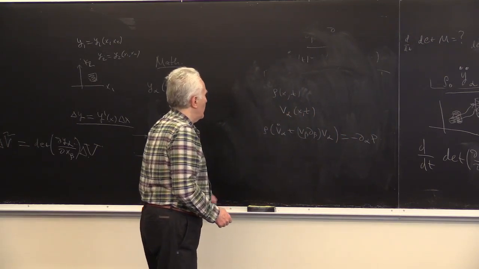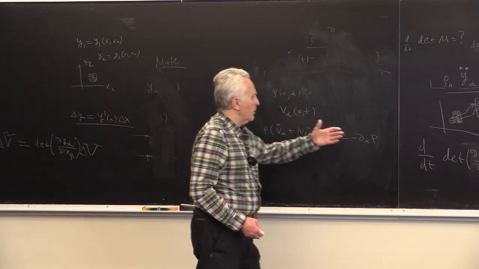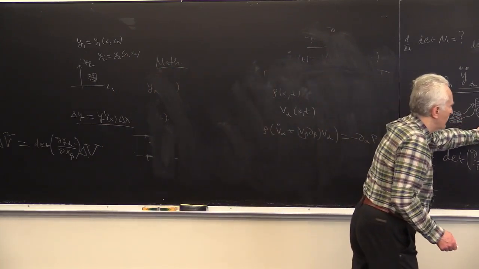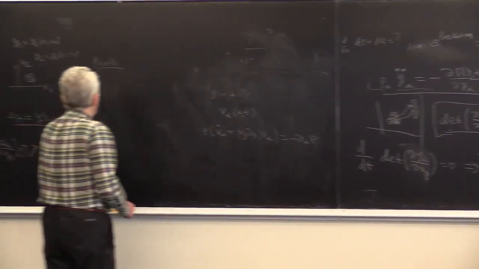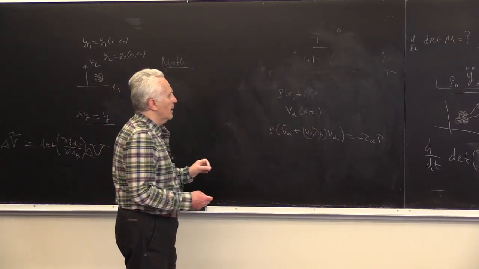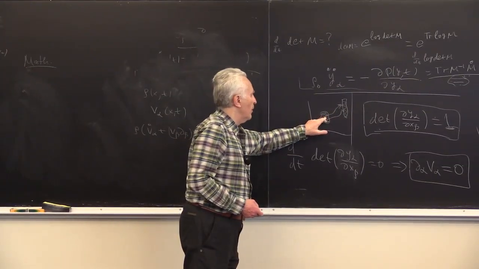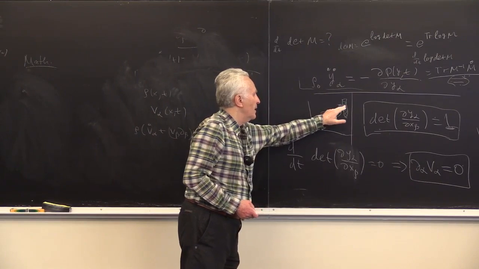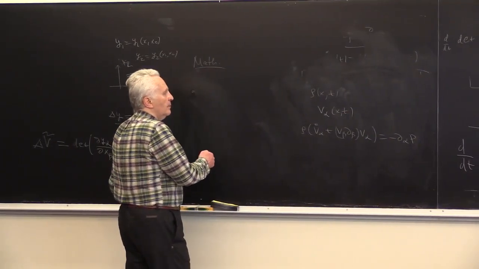Now the second equation is more tricky. The question is what replaces this equation? It's not true anymore. And what replaces it is just the conservation of the mass. The mass of this guy should be equal to the mass of this guy.